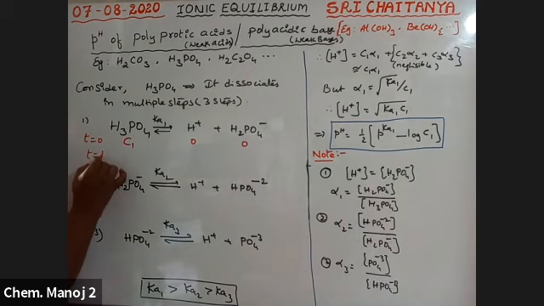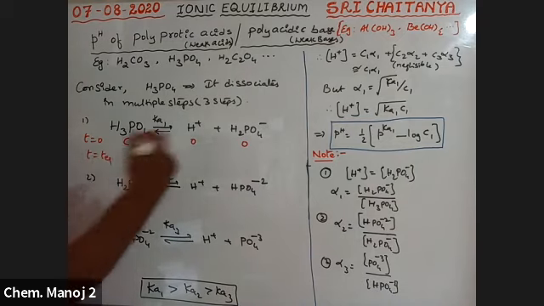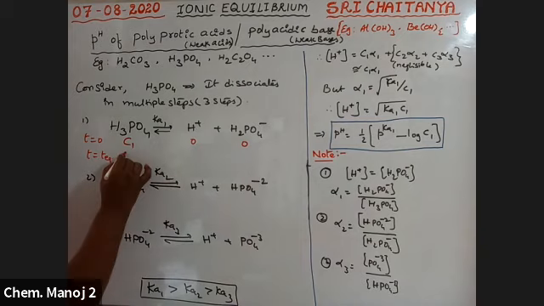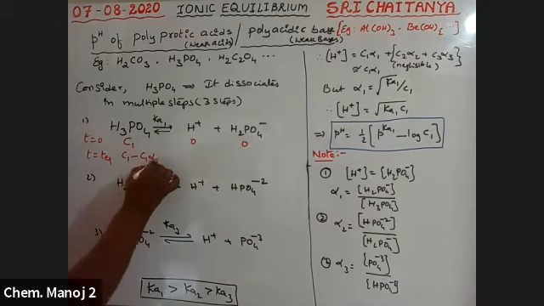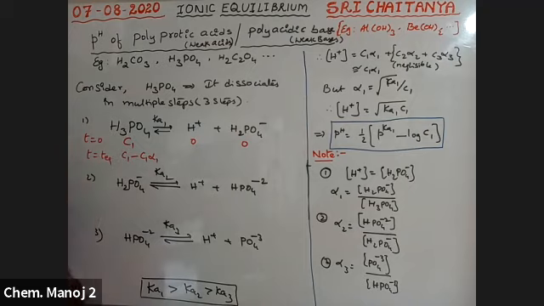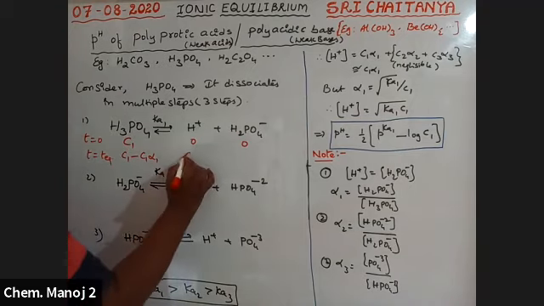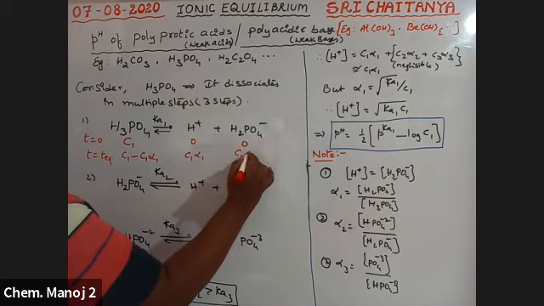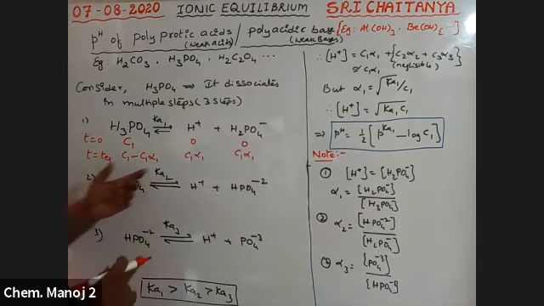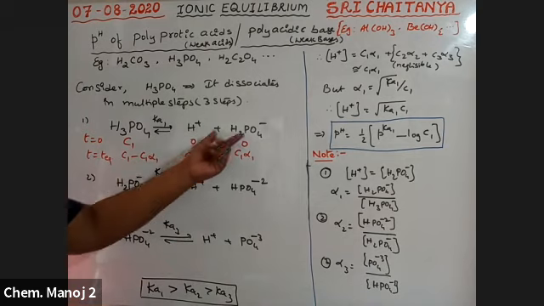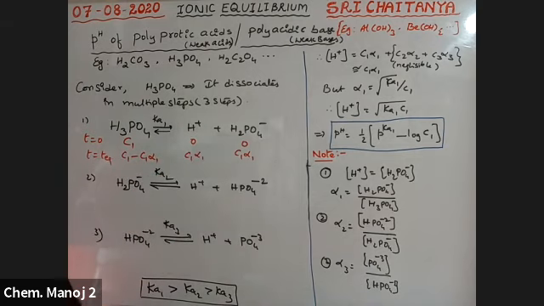At time t equals 0, the products are 0, 0. At equilibrium, C1 minus C1 alpha 1 remains, where alpha 1 is the degree of dissociation of this weak acid in the first dissociation. So we get C1 alpha 1 of H+ ion and C1 alpha 1 of H2PO4- ion. This is the first step.